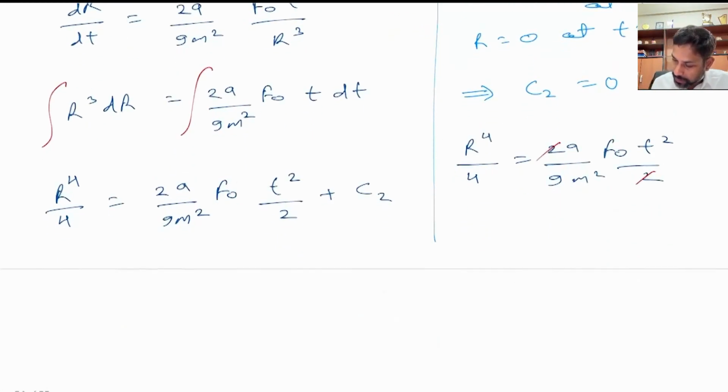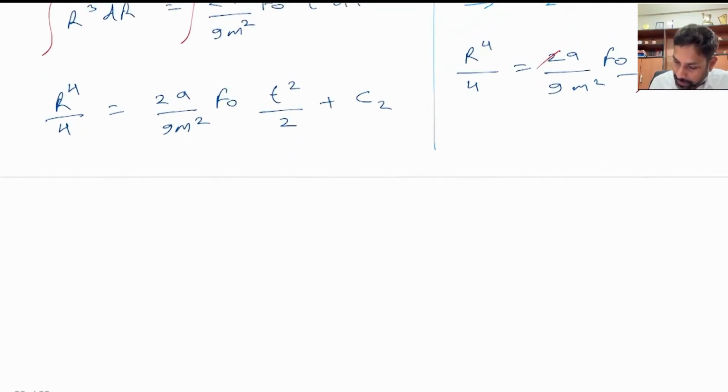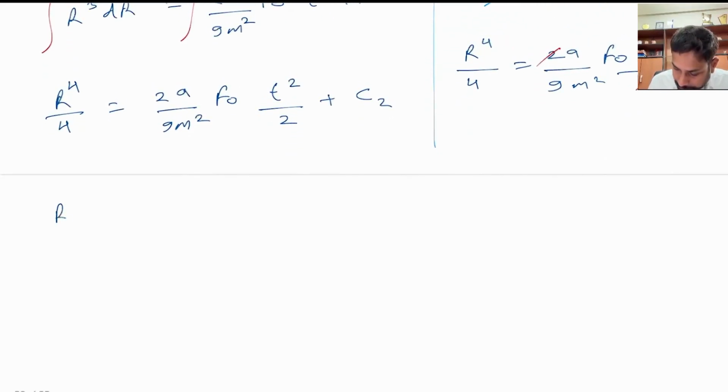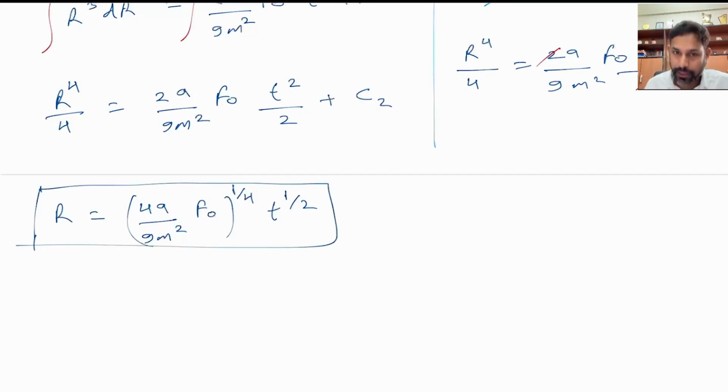So this gives us a relationship between r and t of the form r equals 4a over 9m square f naught to the power 1 over 4, times t to the power half. Okay, so this is the relation of radius with respect to time.